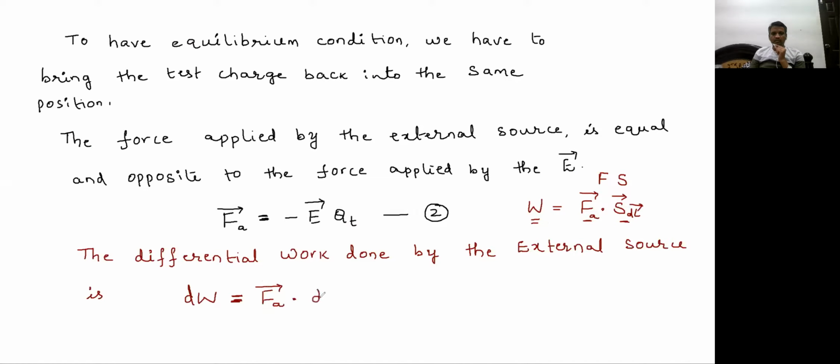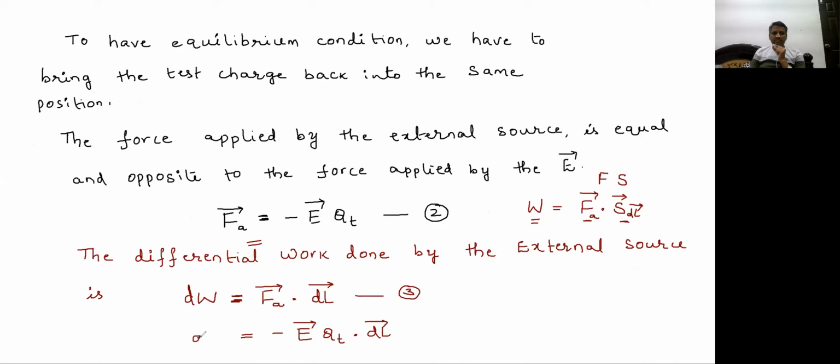The displacement is dl here, and Fa dot dl will be our expression. Now Fa is very clear, that is the force applied by the external source, which is equal to minus E vector into Qt dot product with dl.